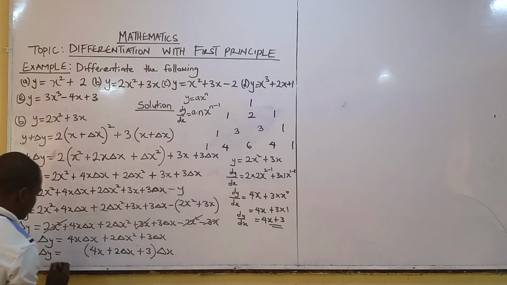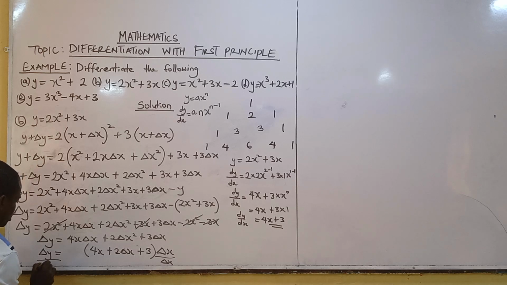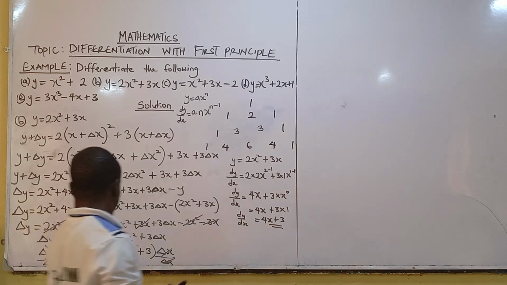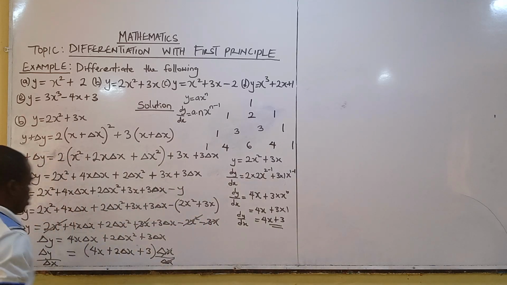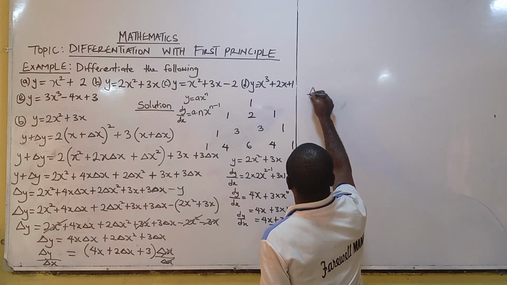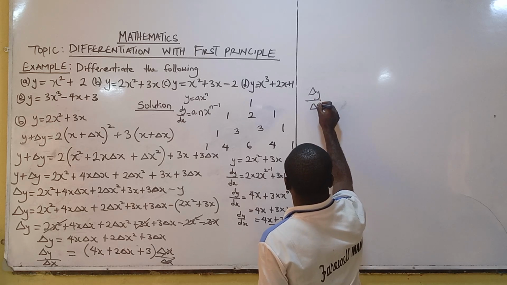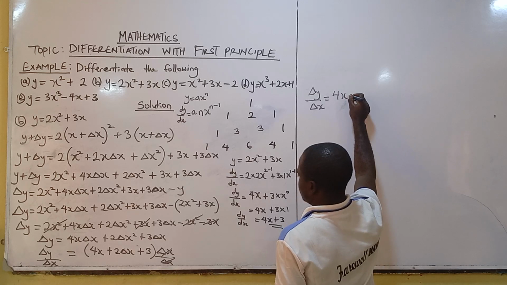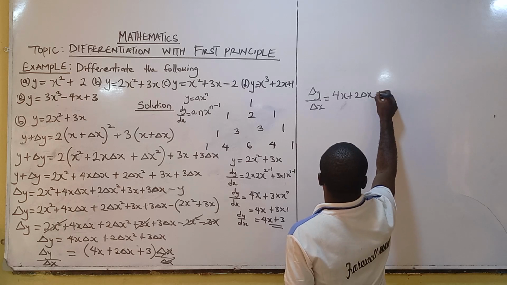Divide both sides by dx. dx cancels dx. Now you have dy over dx equal to 4x plus 2 dx plus 3.